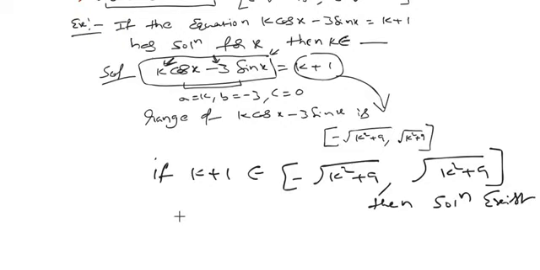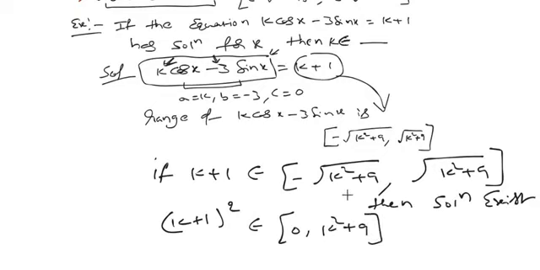For that we can take k plus 1 whole square belongs to, if you square it, the closed interval 0 to k square plus 9. I think it is very clear for you.